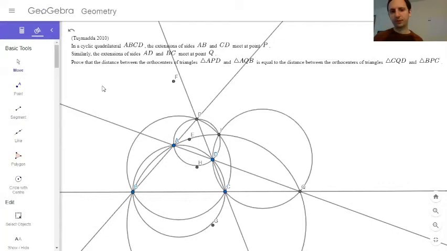I think I've seen that proof before. But once we know that, is it obvious that the distance EF equals the distance GH? So that also can be proved by power of a point. Write out the steps. How do you prove that?